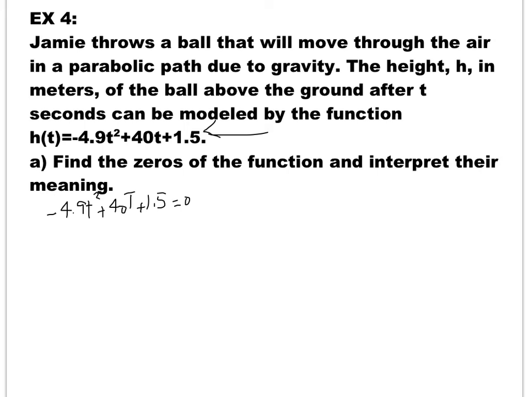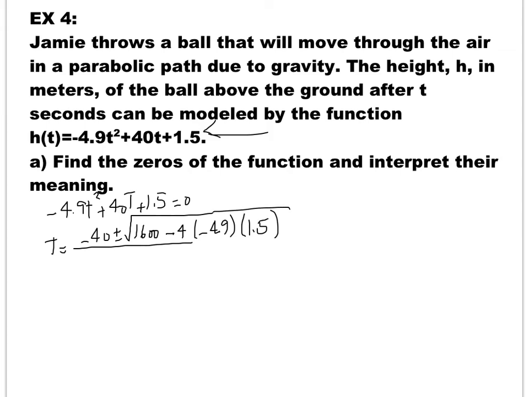So from here, we say that t is minus b, minus 40, plus or minus the square root of b squared, 40 squared is 1600, minus 4ac, so it's minus 4 times negative 4.9 times 1.5, divided by 2a, which is 2 times negative 4.9.